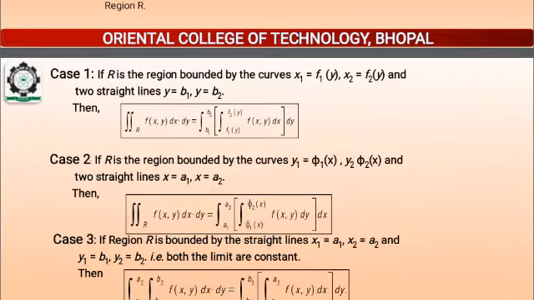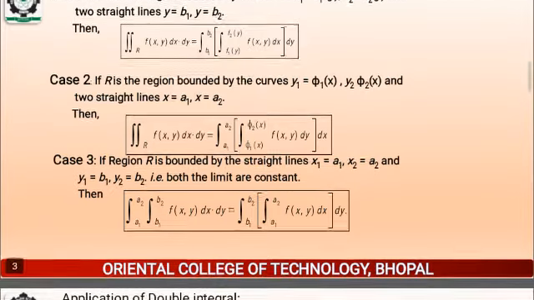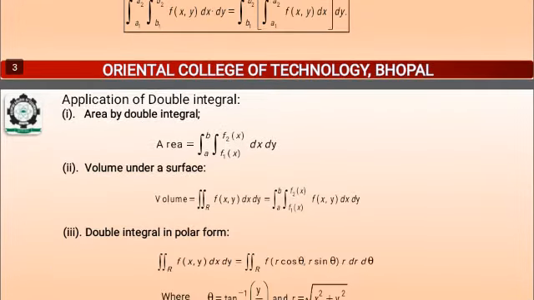Case second, if R is the region bounded by the curves y equal to phi1(x), y equal to phi2(x), and two straight lines x equal to a1, x equal to a2, then the integral becomes this. Case third, if R is bounded by the straight lines x1 equal to a1, x2 equal to a2, and y1 equal to b1 and y2 equal to b2, both the limits are constant, then this integral is symmetric.